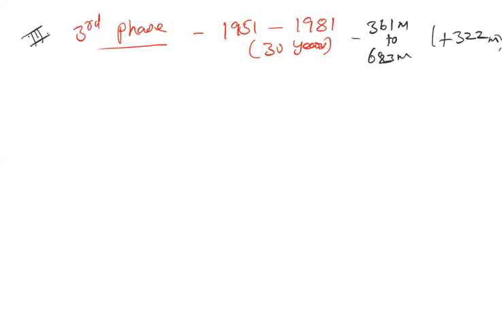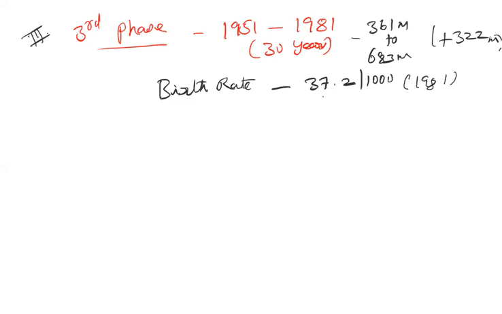Okay, and the birth rate during this period was 37.2 per thousand. Now you can understand, as I mentioned, these are the 1981 figures. It was 39.9 per thousand in 1951, which has decreased only to 37.2 per thousand.